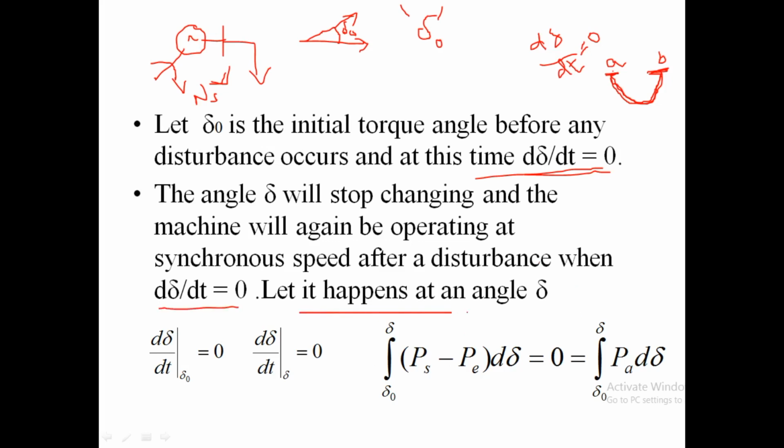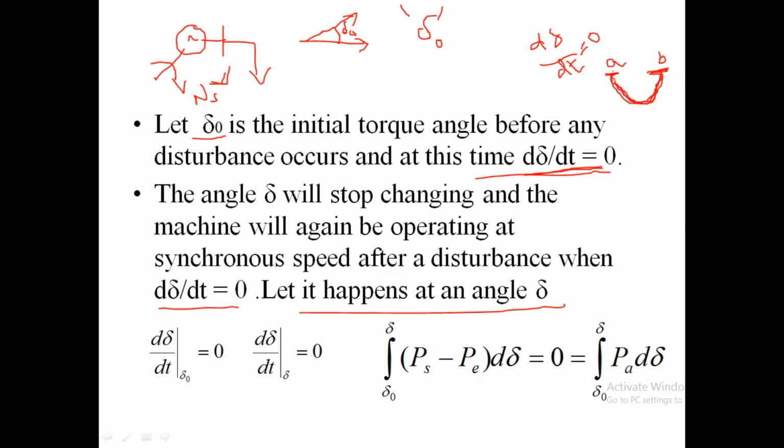Let it happen at an angle delta. So we consider two positions. The first position corresponds to delta 0, where d delta by dt equals 0. Then the oscillation starts, and at the end of the swing d delta by dt again becomes 0, and it happened at a point delta. Now it will not stop there.